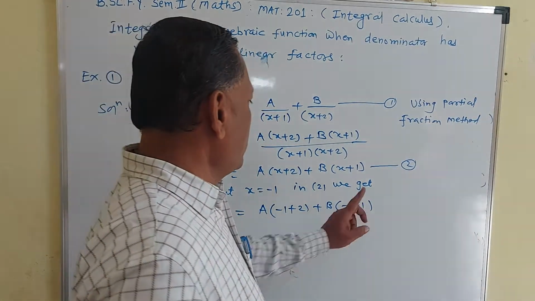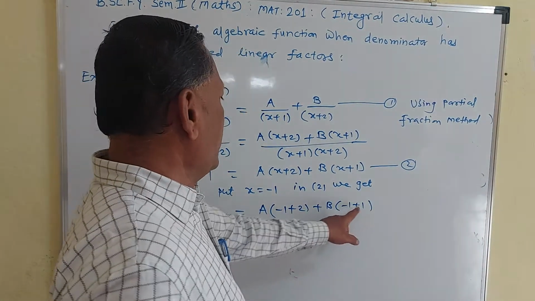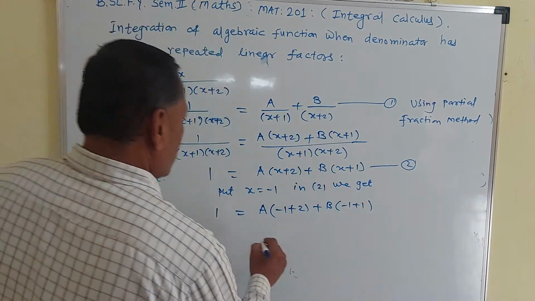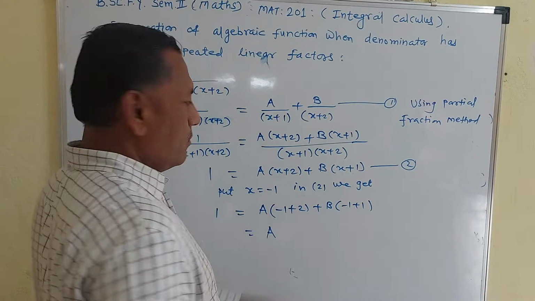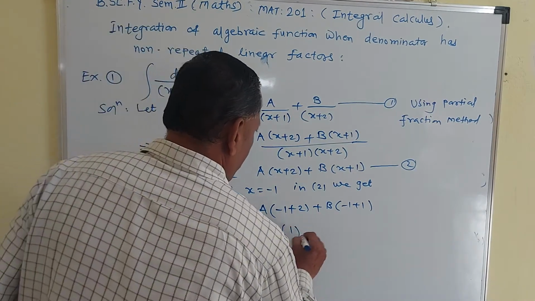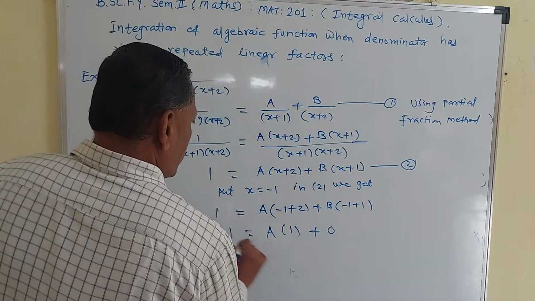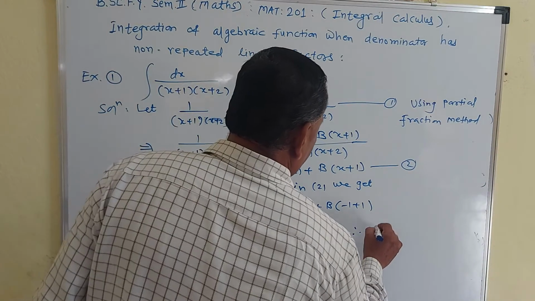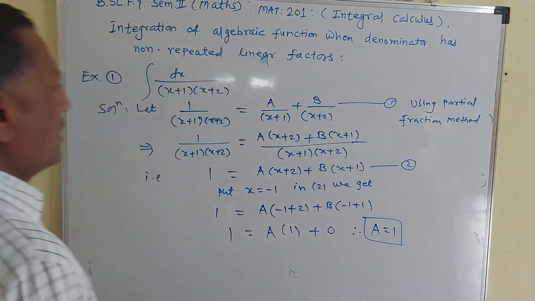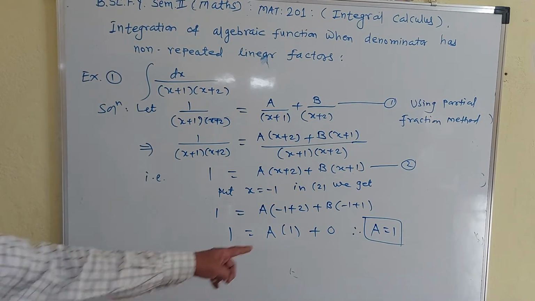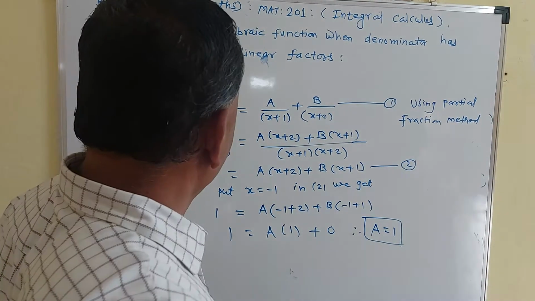Minus 1 plus 1 is 0. Therefore, B into 0 means 0. So it is equal to A into (minus 1 plus 2), which is 1, plus 0. Therefore, what is the value of A? You obtain A is equal to 1. So you remember A is equal to 1.